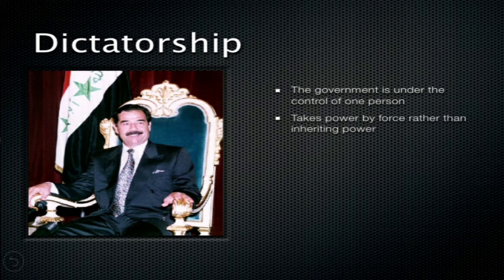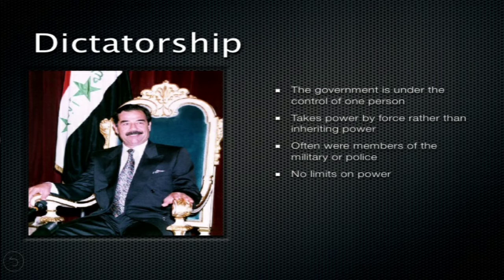But in dictatorship, the power is taken by force, not inherited. Often they were members of the military or police, so this power is taken by members of the military or the police.